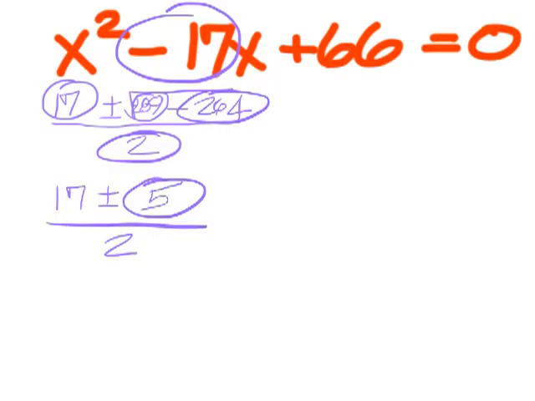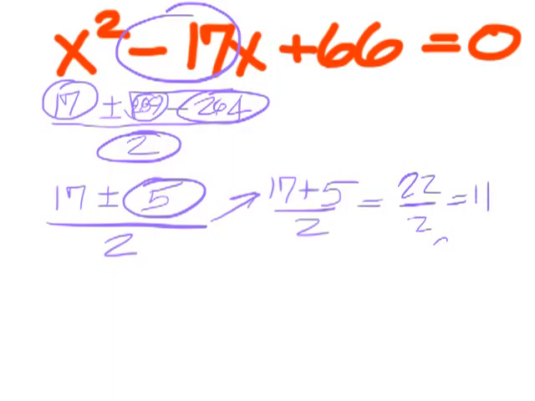So that should dwindle down to a 5 because you have 25 under the square root sign. The square root is 5. Okay, what I need now is this first answer using the plus sign. So that one comes out to be 22 over 2, which is 11.